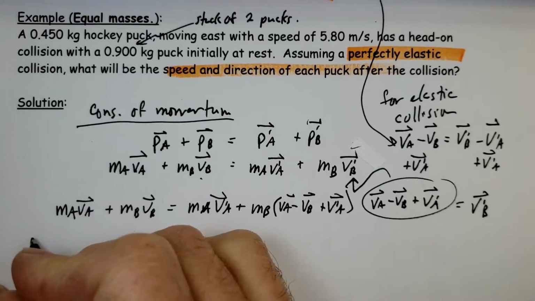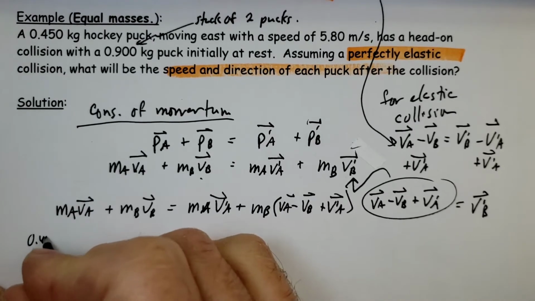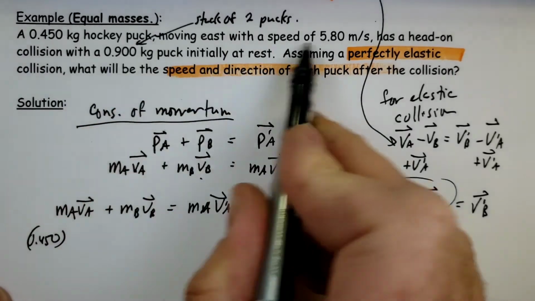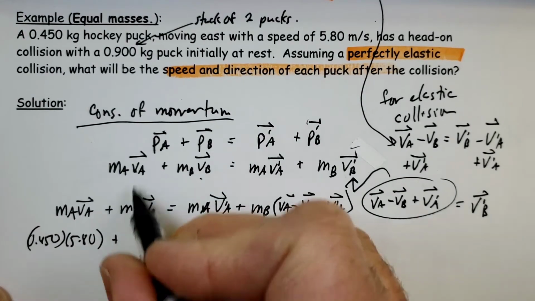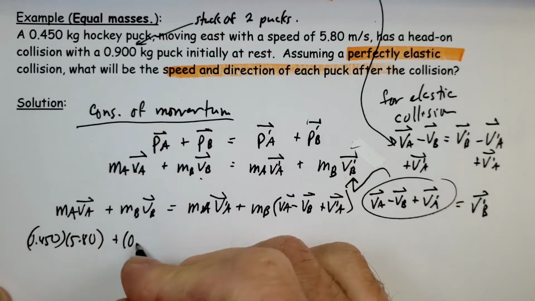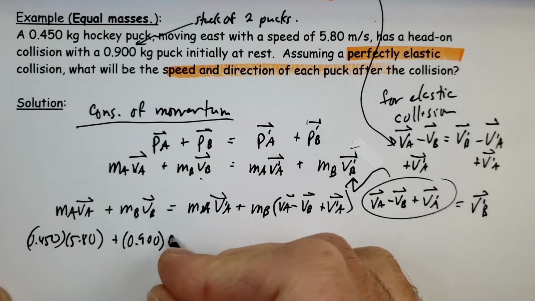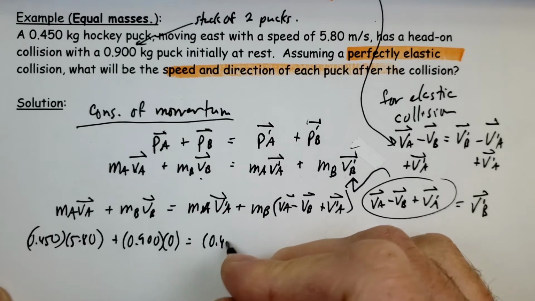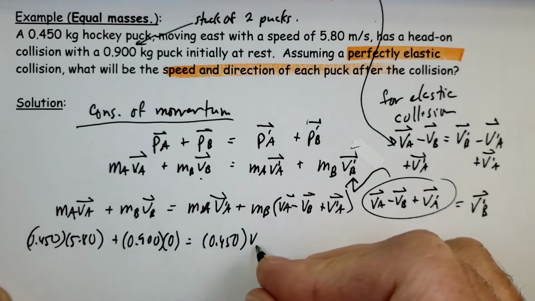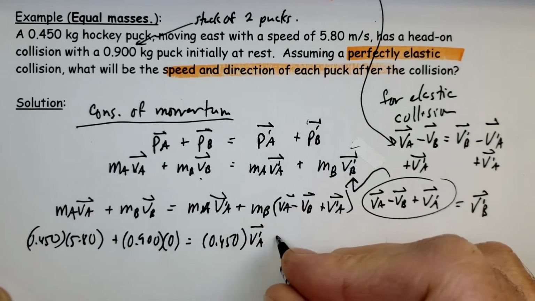So MA is 0.45, and it was moving to the east with 5.8. My second mass was a stack of 2 pucks, and it was not moving. I'm looking for what mass A is going to be moving at after it collides.